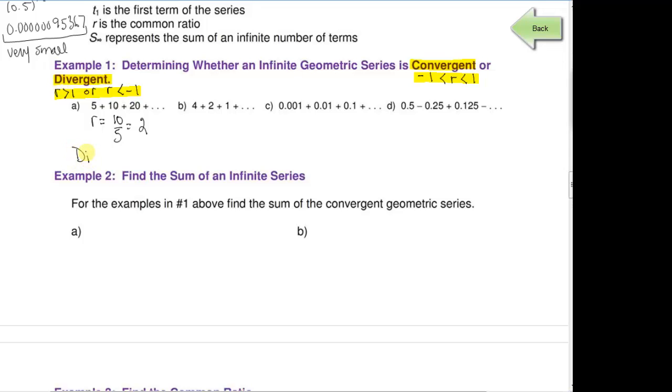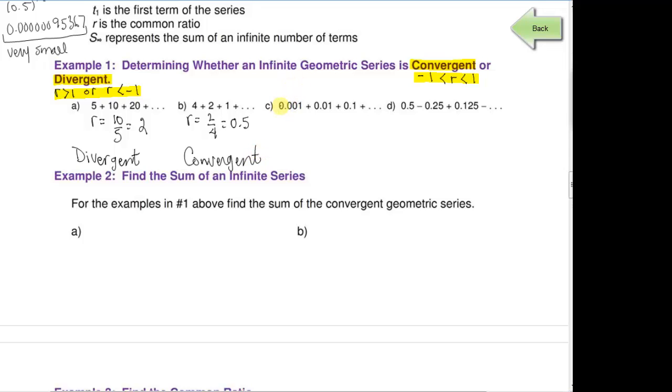So this is divergent. And on the second one, the value for r, t2 over t1, 2 over 4 is 0.5. So this r value is between negative 1 and 1. So it is convergent.